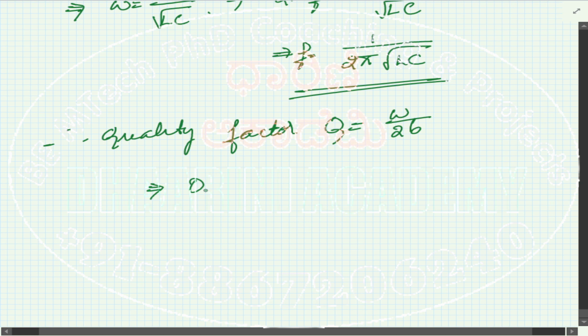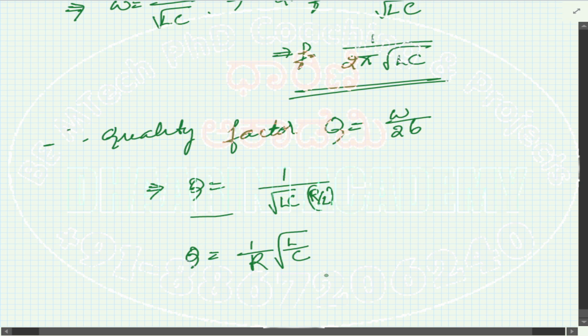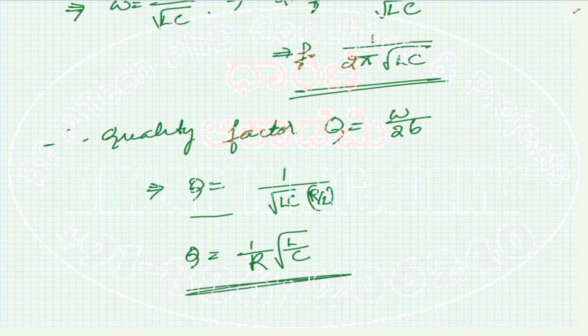So Q is equal to 1 by root of LC into 2b, which is R by L. Now root L is going to cancel with L as root L, so R remains in the denominator and root L goes to the numerator. So 1 by R into root of L by C is the quality factor of the circuit.